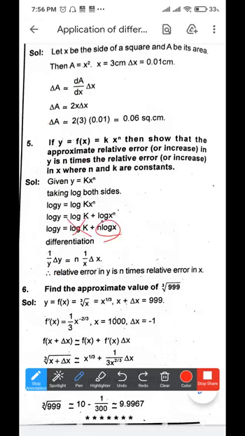This one was constant. So n log x. So differentiation: n is in multiplication, so n will be written the same. Differentiation of log x is 1 by x. Then differentiation of x is delta x. Okay. Then relative error in y is n times relative error in x.